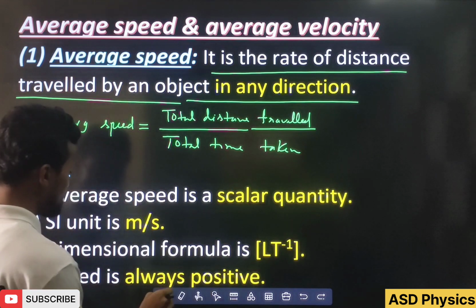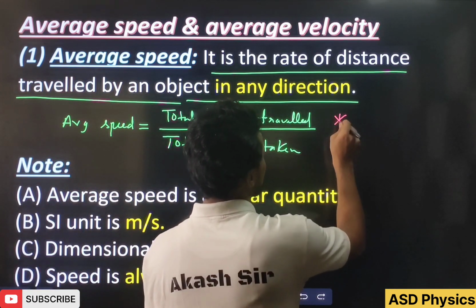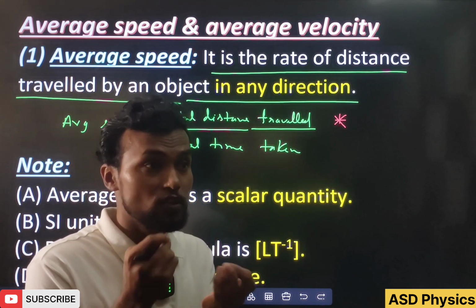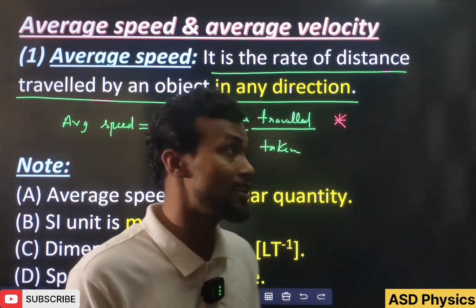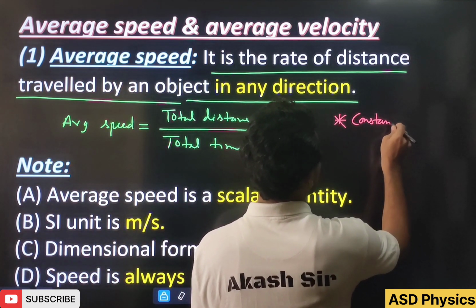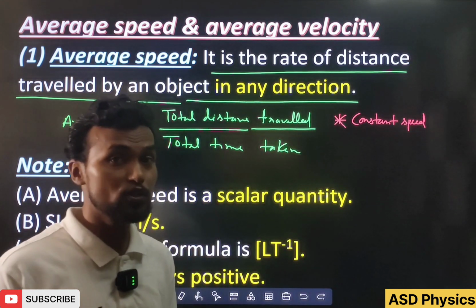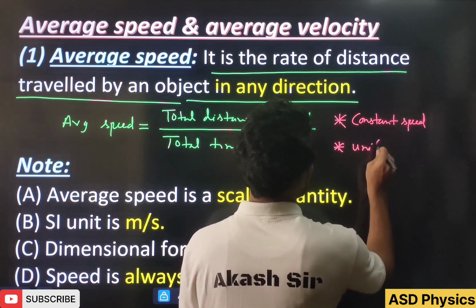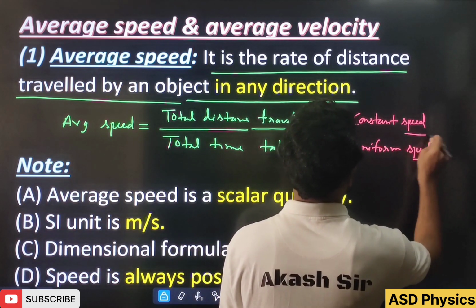Remember that whenever we write total distance traveled by total time taken, one speed value will come, and that is always one constant value. Average speed is one kind of hypothetical constant speed. Average speed means a hypothetically constant speed, or we can even say uniform speed, not really.